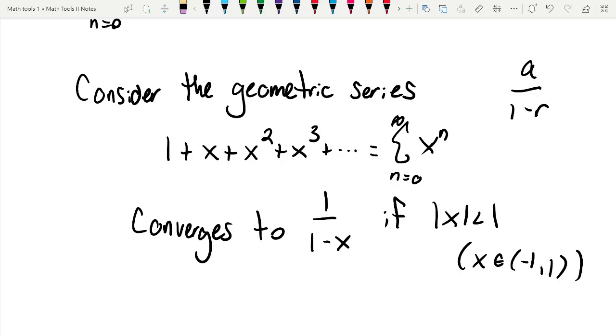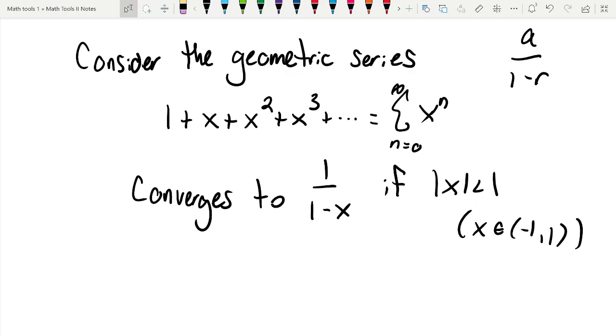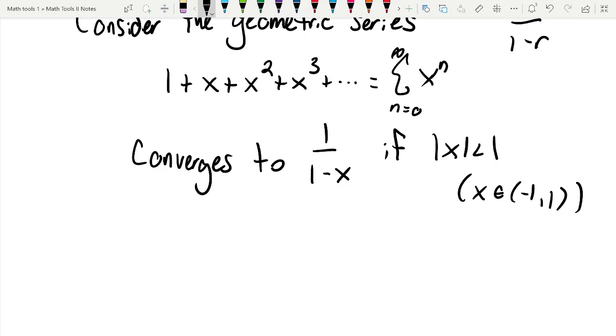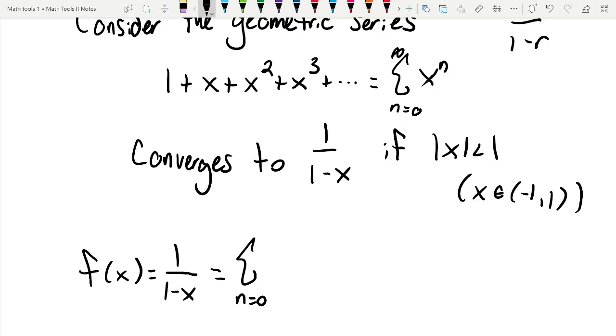Anyway, so this is what we got from the geometric series, right? So this will converge to 1 over 1 minus x if the absolute value of x is less than 1. And this is a function, right? So the function 1 over 1 minus x is equal to the series, n equals 0 to infinity of x to the n, when x is in negative 1 to 1.